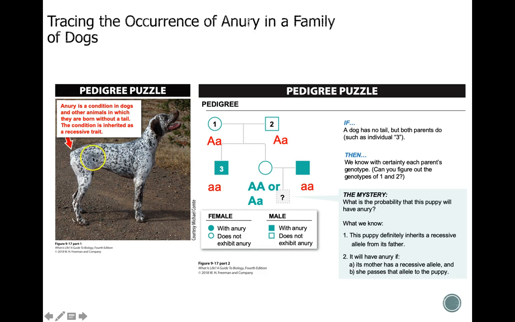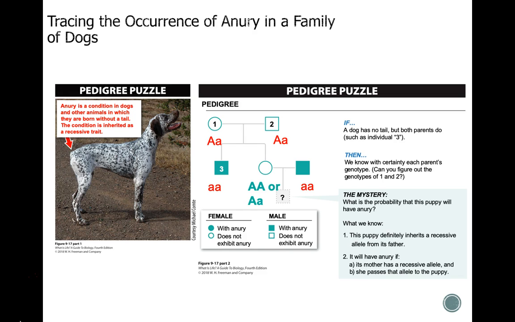If you, on your own, write out the Punnett square for the heterozygous cross here, you will see that there is a 2 out of 3 chance that this individual is going to be heterozygous. The reason it's 2 out of 3 and not 1/2 is we know that she cannot be homozygous recessive. So we are only looking at the dominant situations, ignoring the 1/4 chance that she is homozygous recessive because we know she's not.